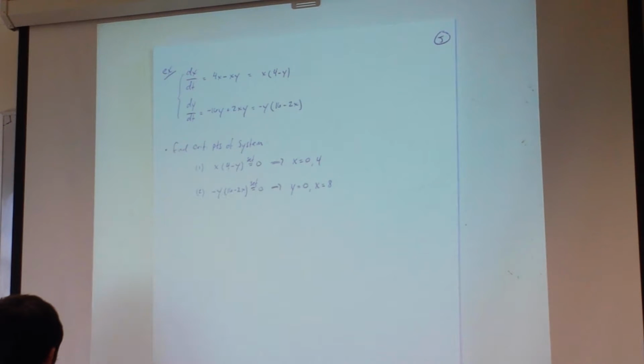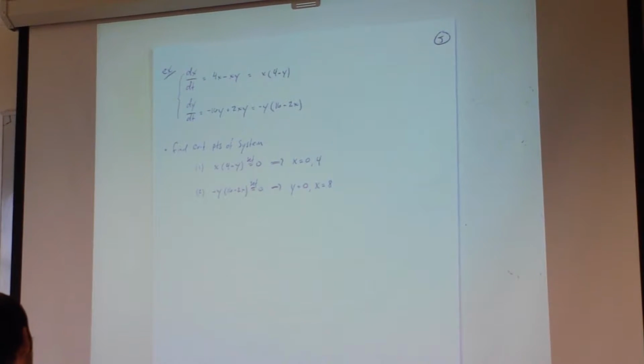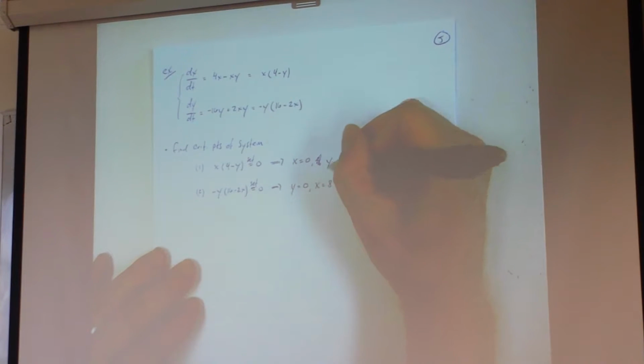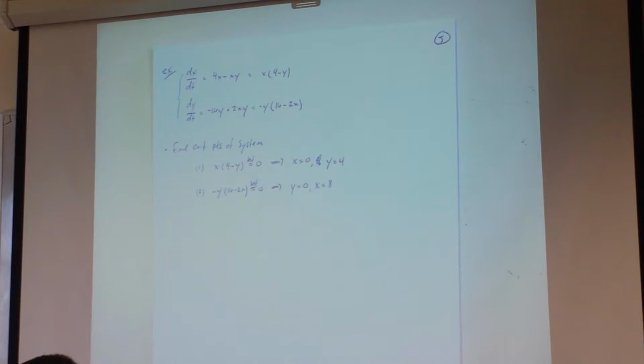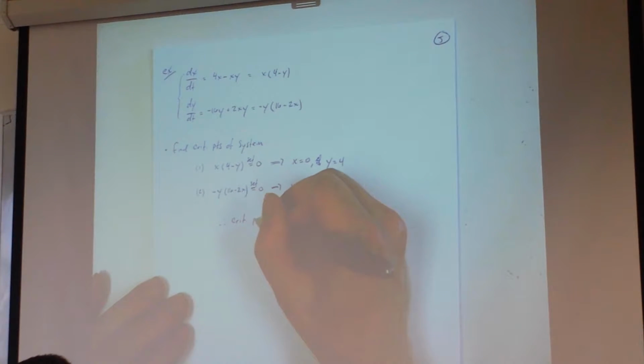Now, a critical point of the system is an ordered pair x, y that satisfies both 1 and 2, right? So, x equals 0, y equals 4. Good call. Okay. So what are the ordered pairs that would satisfy this?